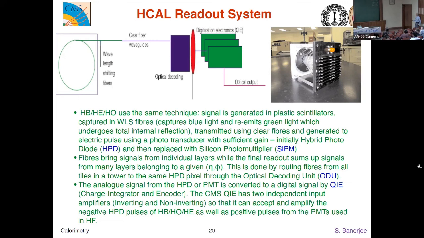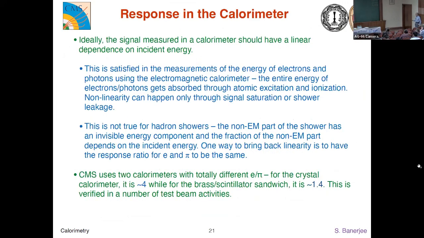Obviously, these are replaced by new designs of QIE, and you may hear about it in some later lectures. Now, if you look at the response in the calorimeter, first of all we expect the calorimeter to have linearity with energy. This is satisfied to a large extent in the electromagnetic calorimeter for electrons and photons.